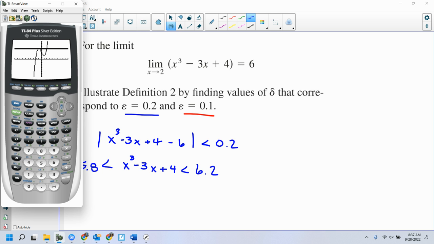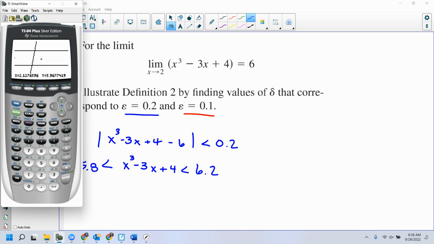Okay, so I know I want to go to x's too. So maybe zoom box might be good. Z box. So let's go up here. Let's try to get it real close in there. Okay. Let's see what we got.